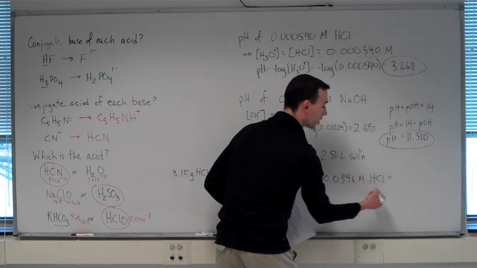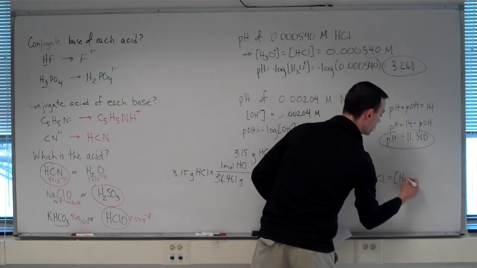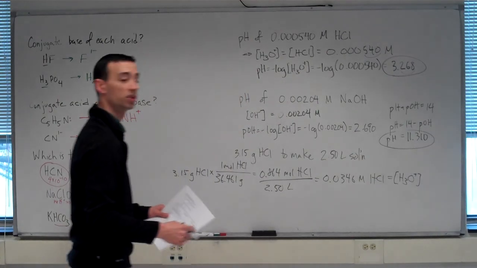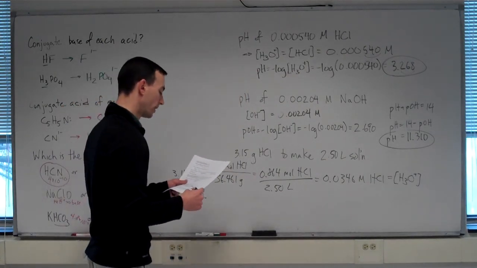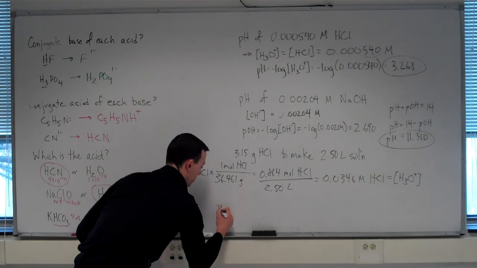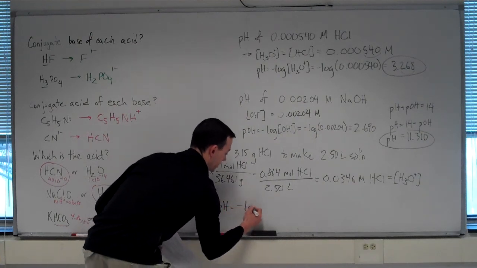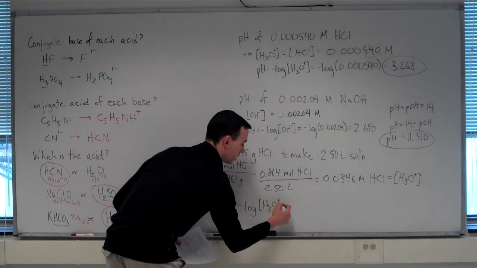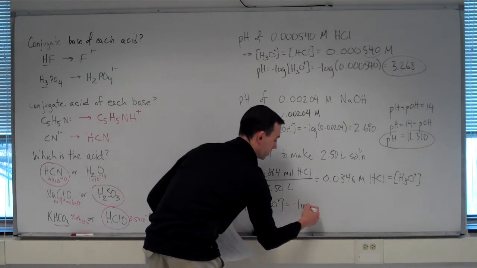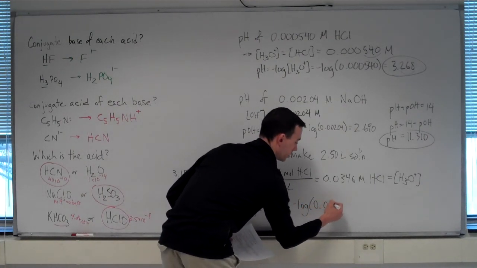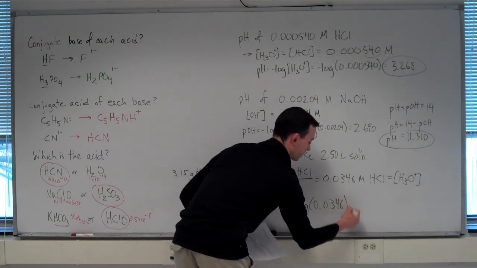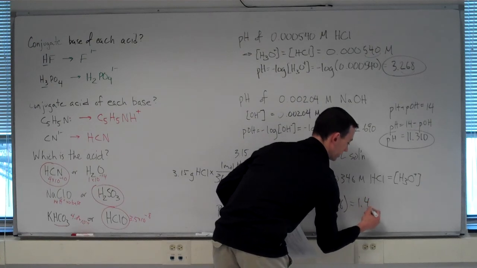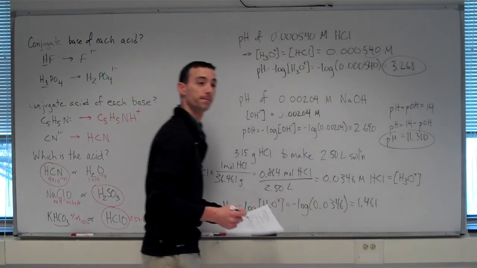But because it's a strong acid, that will also be the concentration of our hydronium ion, H3O+. And then we can quickly get our pH value as the negative logarithm of that concentration. So that pH is 1.461.